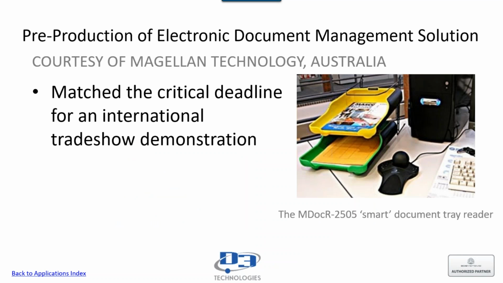This is another example of Magellan Technology out of Australia. In their case, their big challenge was a new smart document tray reader concept that needed a prototyping to production solution.